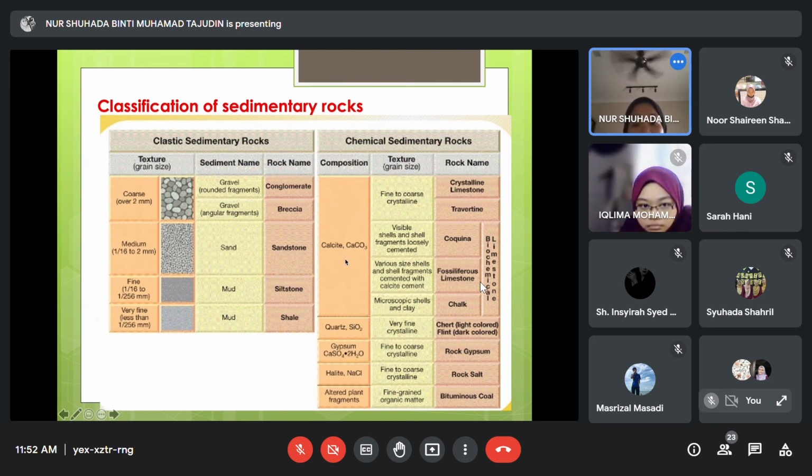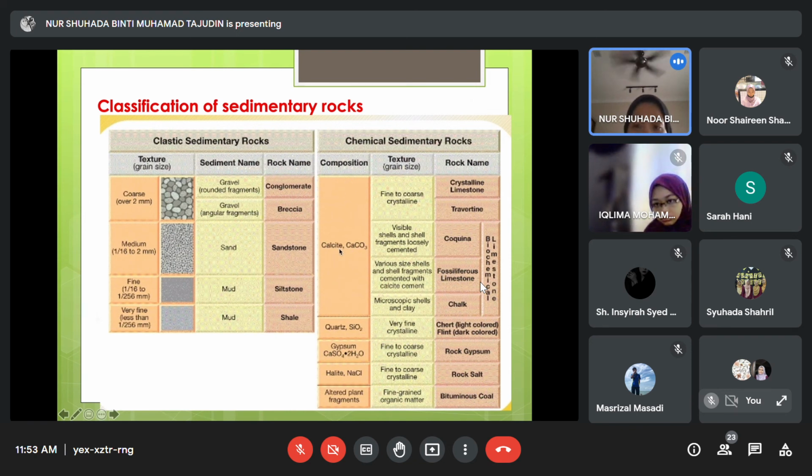You have calcium carbonate. Okay, so this type is maksudnya kita kategorikan dia based on the content of the rock. Okay, contoh macam yang kat gua Batu Kapur tu, kita call it as calcite, because it contained compositions of calcite.